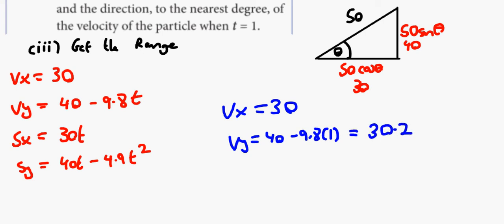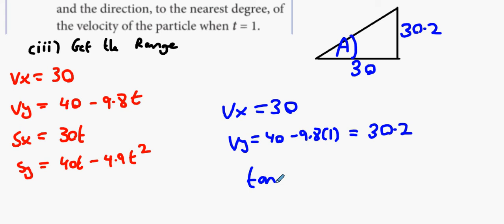Now, I'm just going to steal this right angle triangle up here. You're going 30 across, you're going 30.2 up. Roughly what angle are you expecting? Very close to 45, because the adjacent and the opposite are nearly equal, okay? Let's call it a letter I haven't used yet, A. So how do I find the angle?